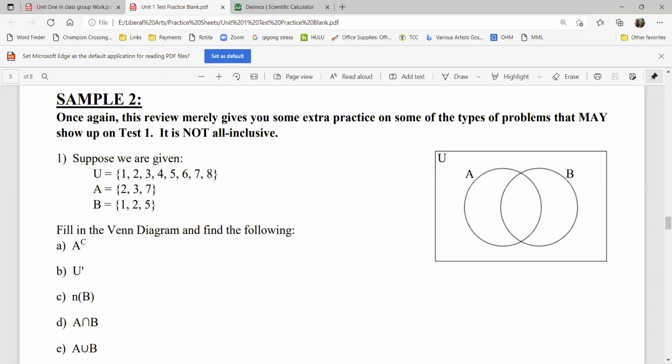I got number 4. Okay. We made it to number 4. Is anybody stuck on number 1? Yes? Okay. Do we need help setting up the Venn diagram?